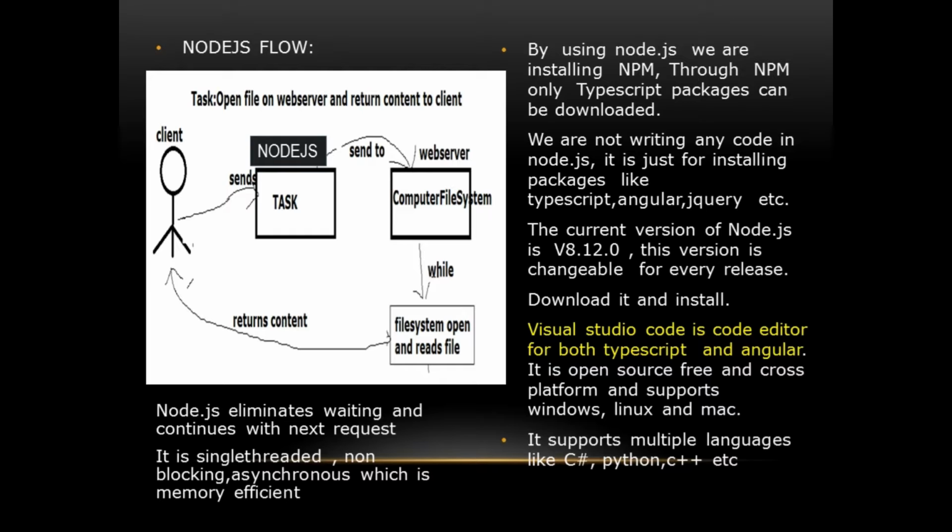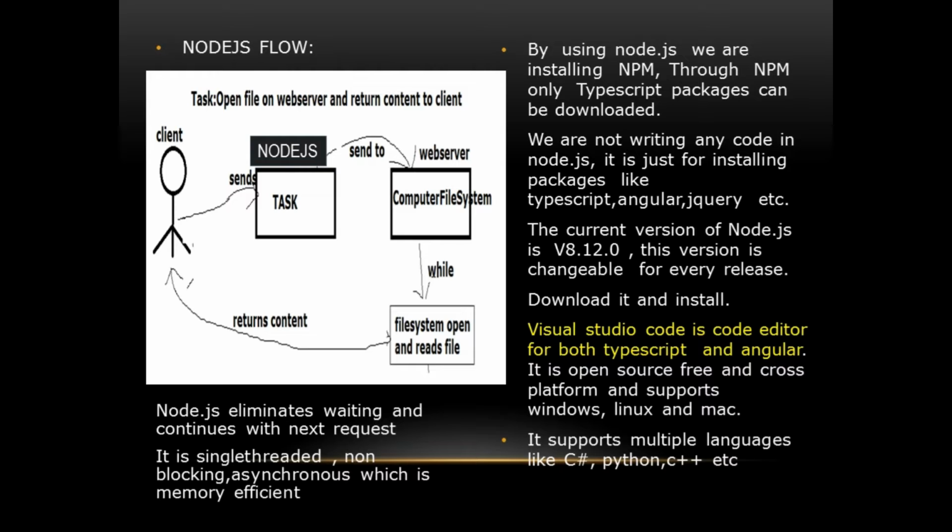The client will not wait until it opens and reads the file. While opening and reading the file itself, it will send the content to the client. So this way it eliminates the idle and waiting time, and it continues with the next request. So it is otherwise called single threaded, non-blocking or asynchronous, whatever you want to call it.